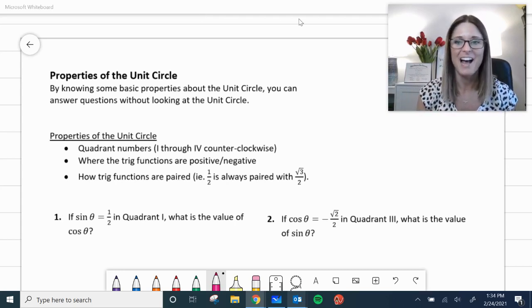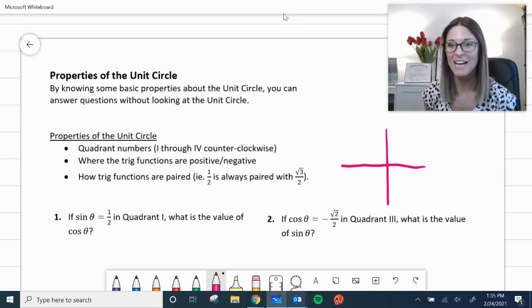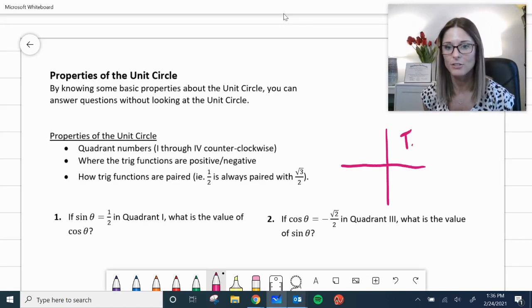Don't you worry. The second thing is knowing where our trig functions are positive and negative. So that goes along with our quadrants. So let me sketch here kind of like our coordinate plane. And for reference, this is first quadrant, second quadrant, third quadrant, and fourth quadrant.